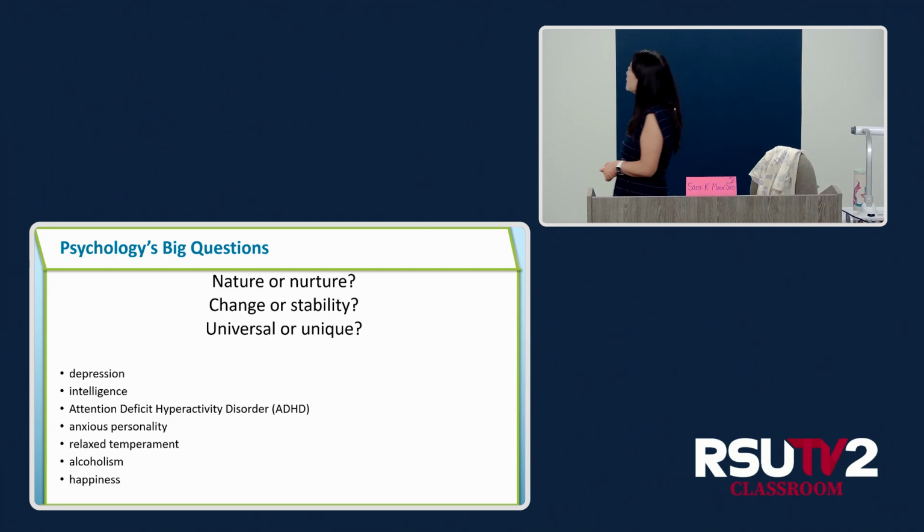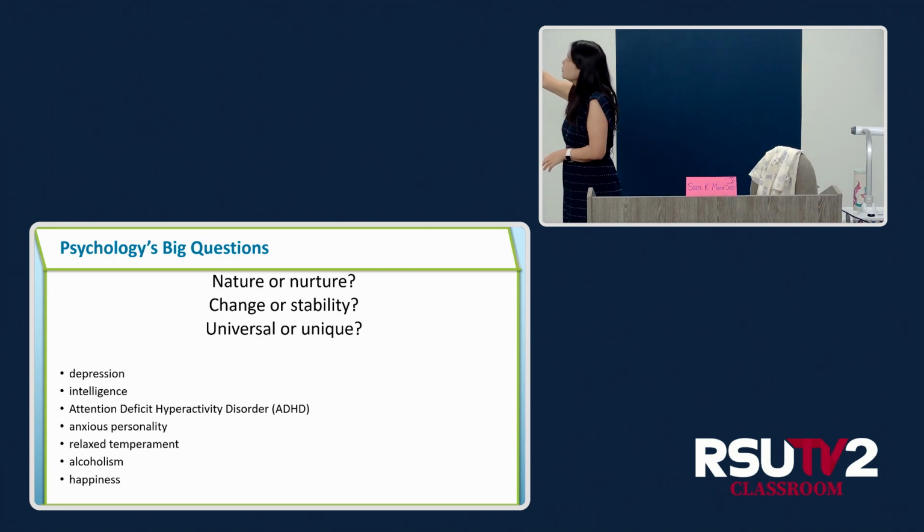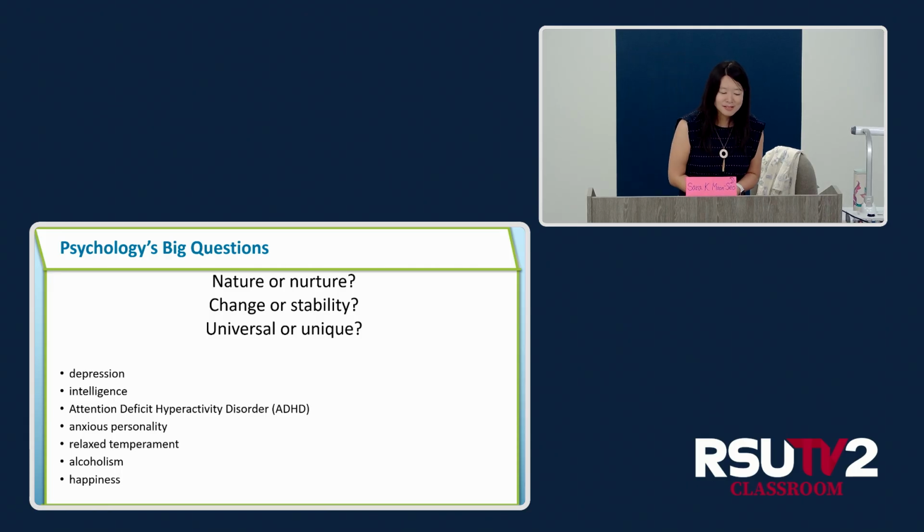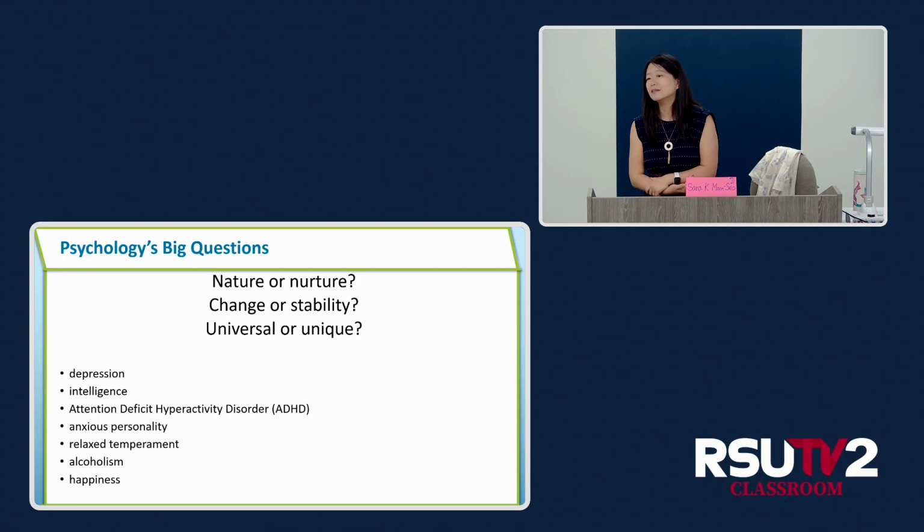So since we've been talking about these three big topics, can you give me any good example? Anything like nature, nurture, change, stability, universal, or unique. I'm going to give you a couple of minutes to think about any example. It can be your experience or maybe somebody else's experience, because I really like to connect.